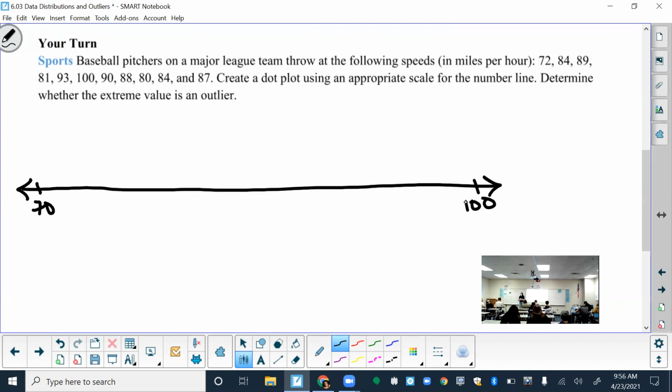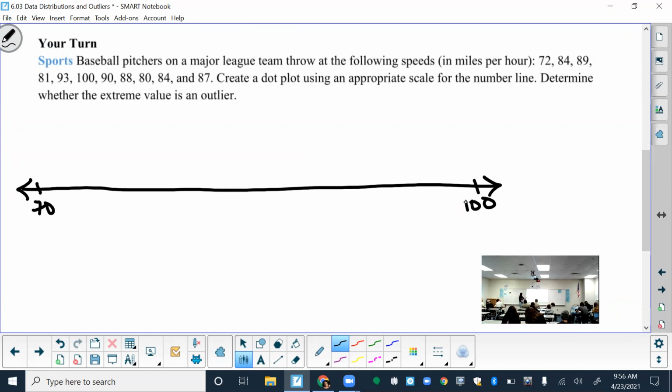Just kind of picking an appropriate scale for our tick marks. We want to count by 1, 2, 3, 4. I would agree with Zachary that I would count by 1. Because you see how the data, it's not all going up by 2s, it's not all going up by 3s, it's not all going up by 5s.